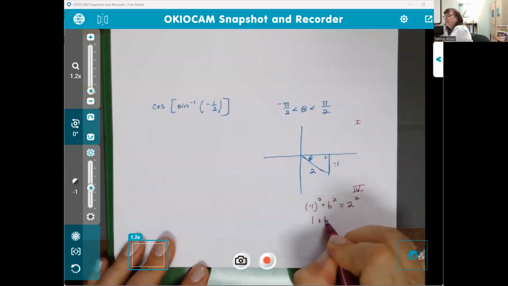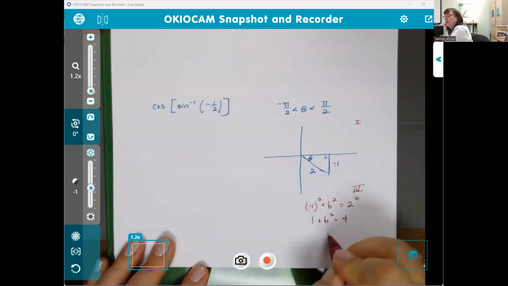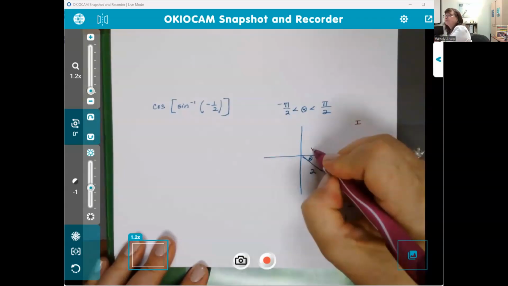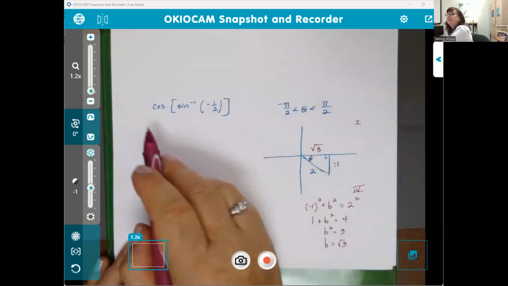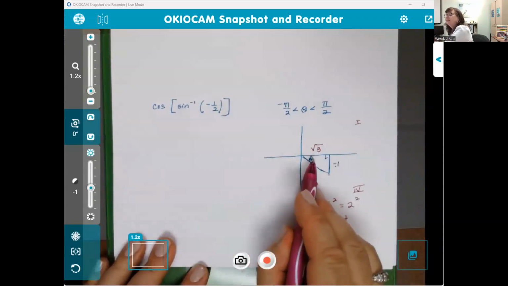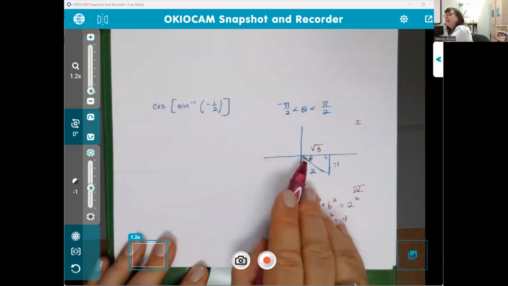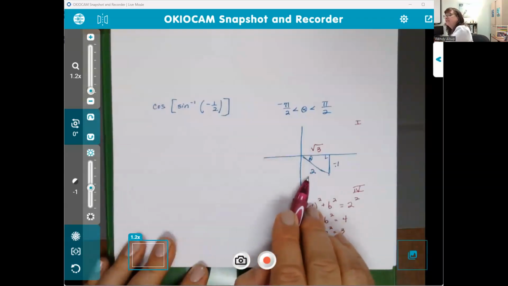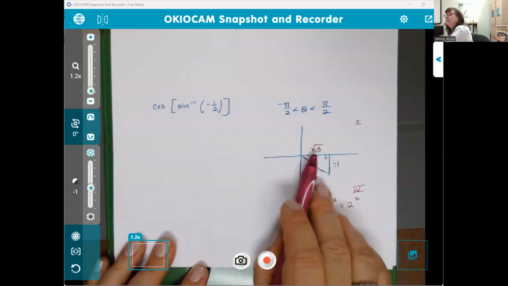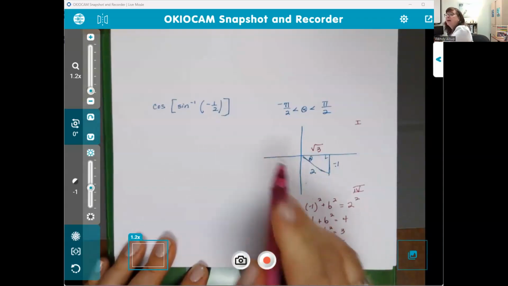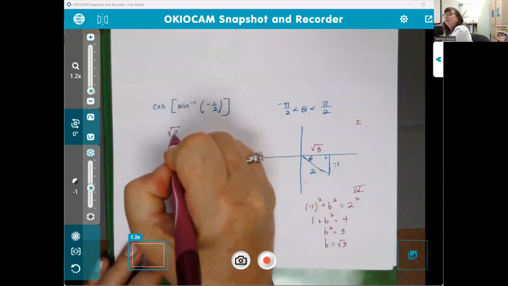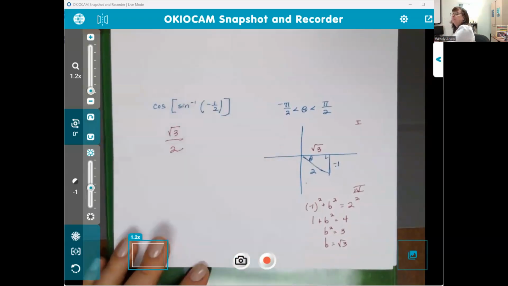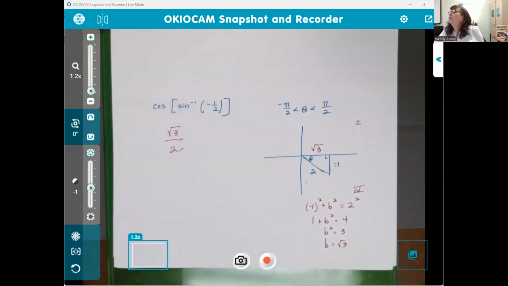So 1 plus b squared equals 4, b squared equals 3, and b equals the root of 3. Then the cosine of this theta is the adjacent over the hypotenuse. So it's root 3 over 2.